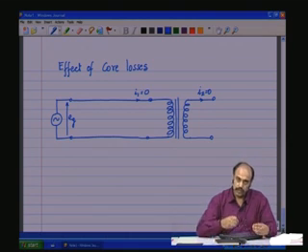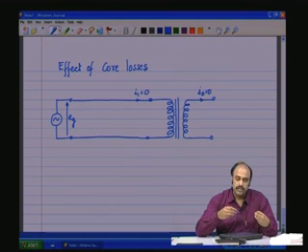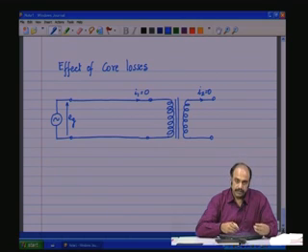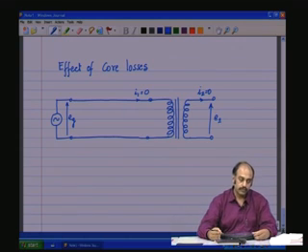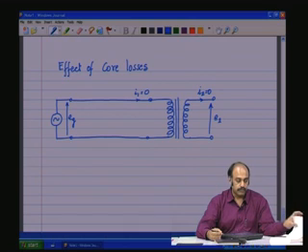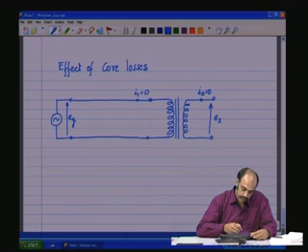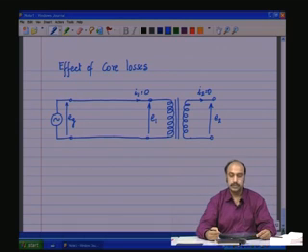Which means even a negligibly small current is sufficient to provide the required ampere-turns or the magnetomotive force to set up a flux in the core, which gets linked to the secondary to produce E2. This is the primary induced voltage.